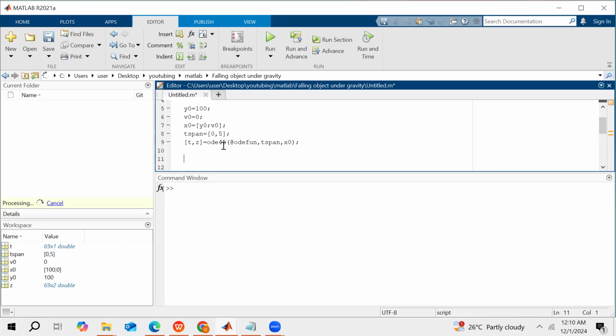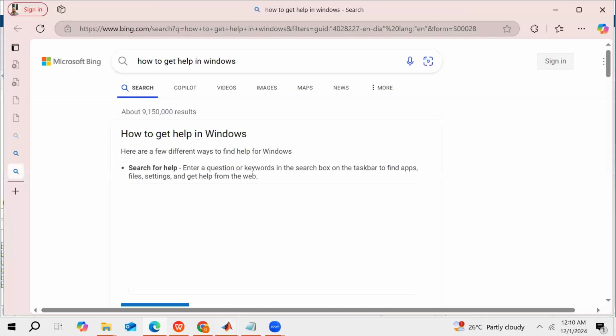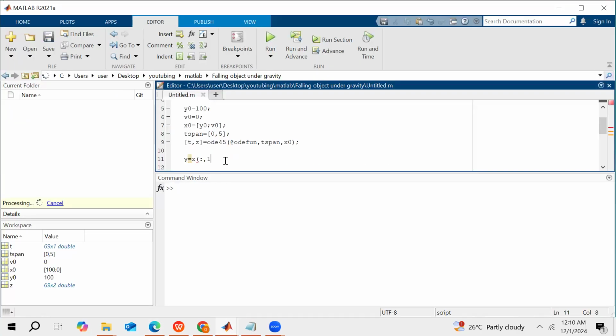The positioning is Y, the first point from Y. So you can see we have 69 points. The positioning is the first point from the Z. Then our velocity is this second column from the Z. So first column position and second column.